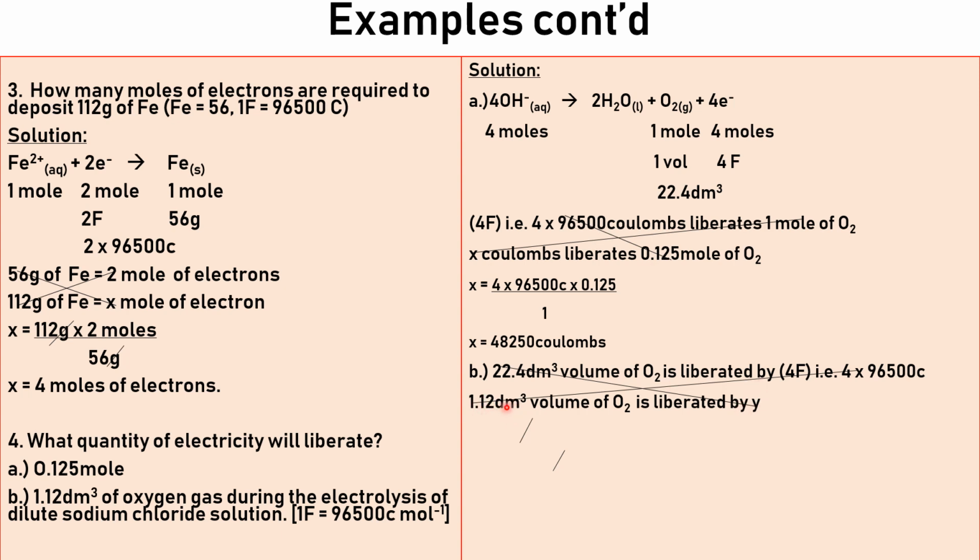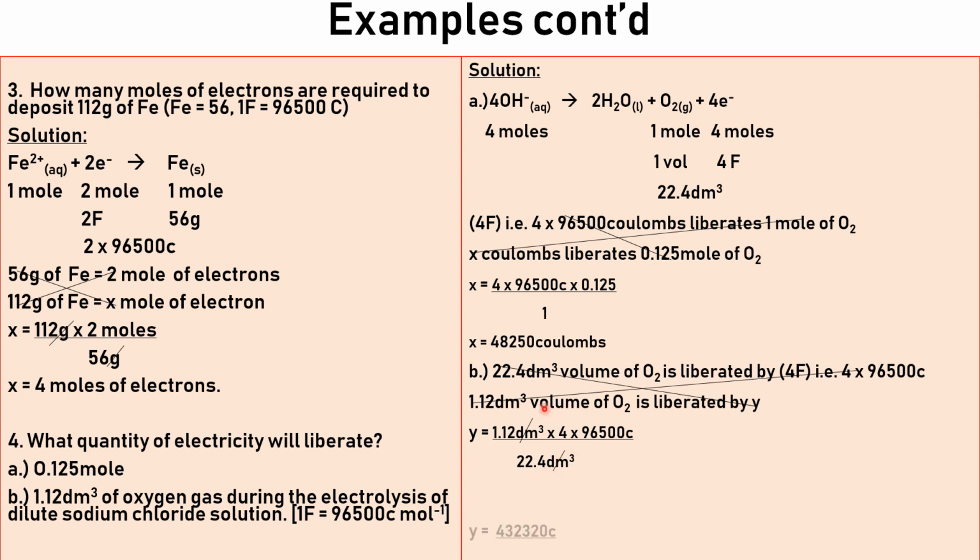What you have to do is to cross multiply. 1.12 goes with 4 times 96,500 coulombs, while 22.4 goes with y. So make y the subject of the formula. You have 1.12 dm cube times 4 times 96,500 coulombs divided by 22.4 dm cube.